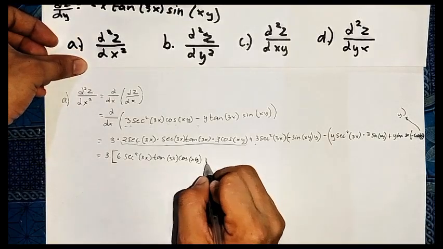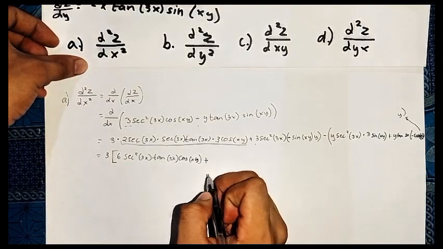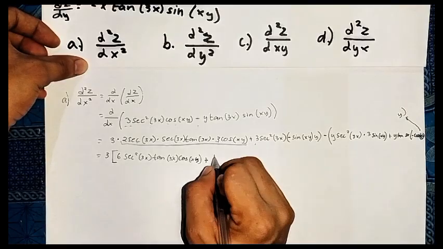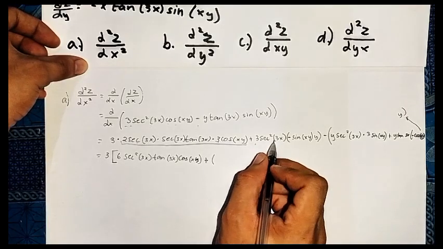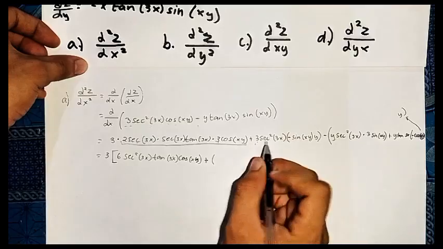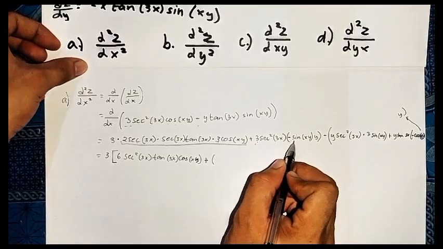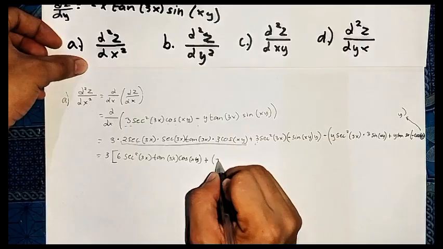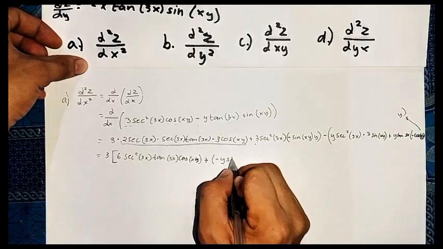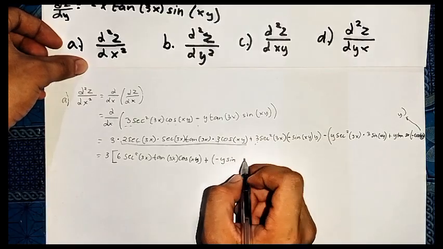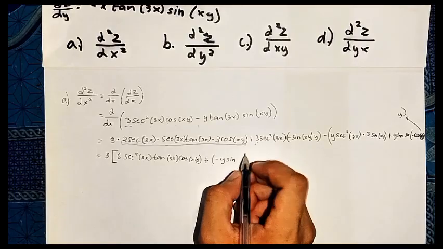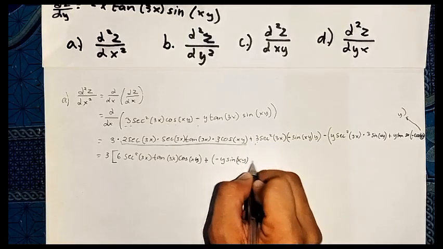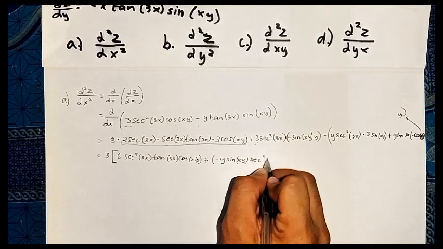Plus, we factored out the 3. So, secant squared 3x times negative sine xy, y times y. This will be negative y sine xy and secant squared 3x.